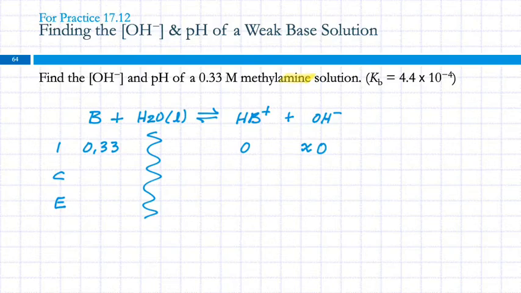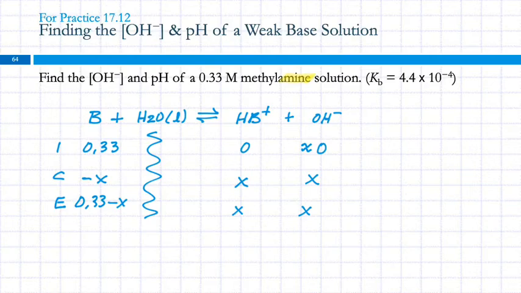And then we'll put some x's in. So this is going to decrease by x, that will increase by x, and this will increase by x. And at equilibrium, we have 0.33 minus x, and we have x and x.